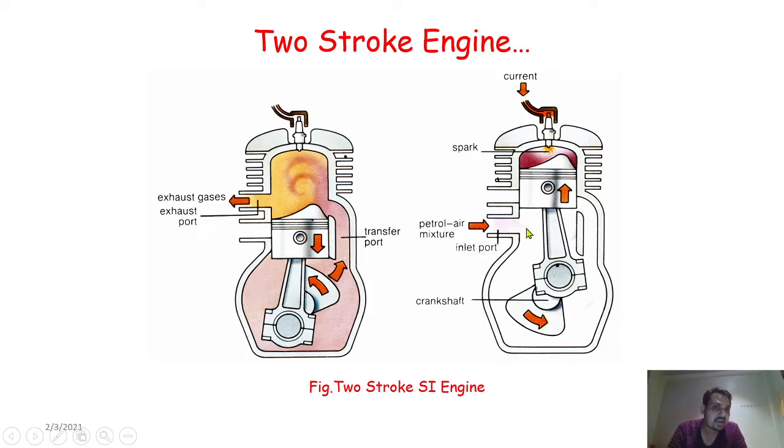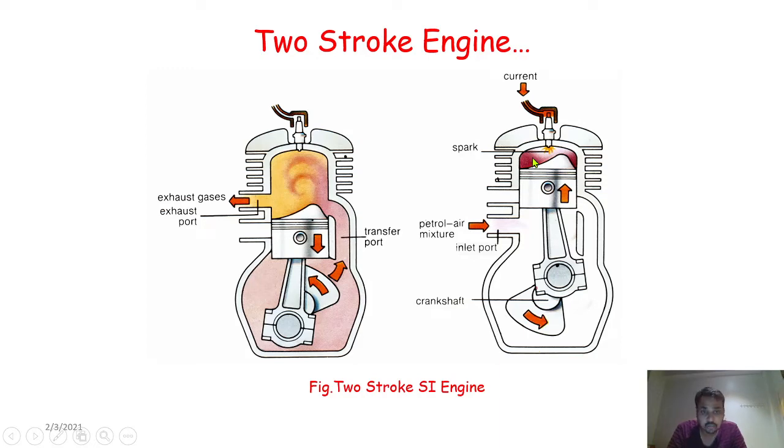That mixture gets compressed because of the piston movement from BDC to TDC. Means, my dear friends, suction and compression are done simultaneously within only a 180-degree revolution of the crankshaft, or half rotation of the crankshaft, and within only one stroke of the piston.